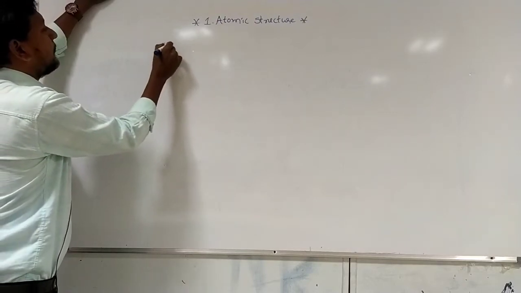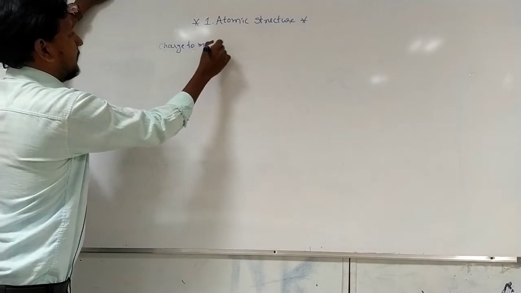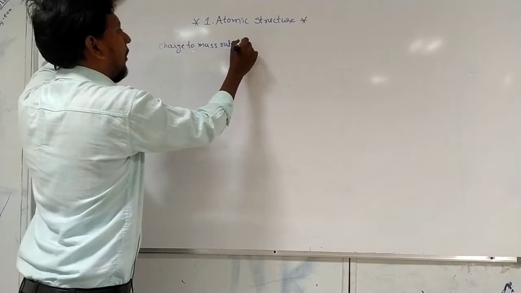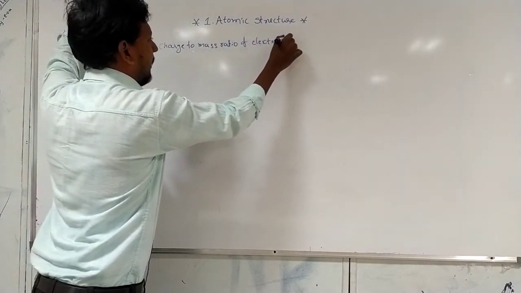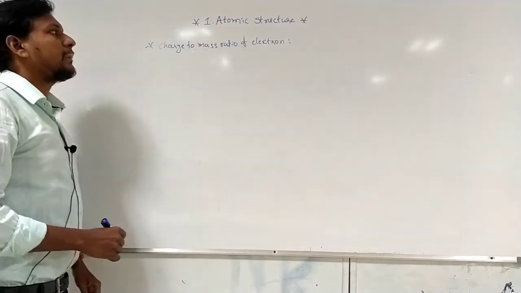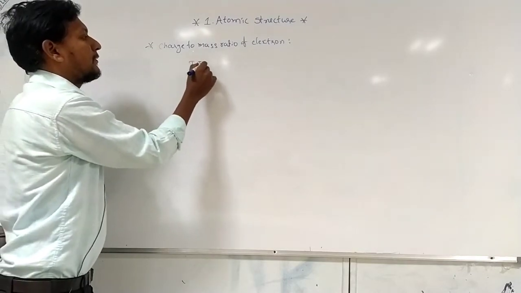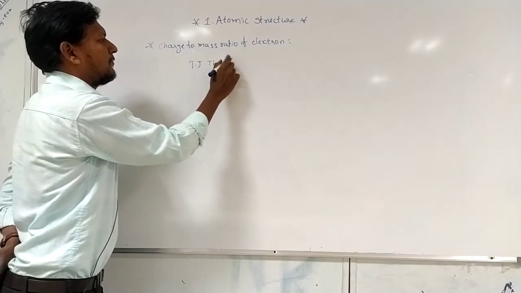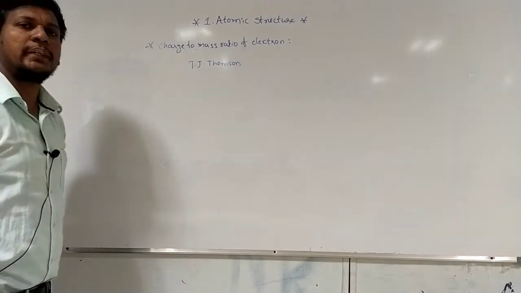Continuation: charge to mass ratio of electron. Here J.J. Thomson found out the charge to mass ratio of the electron.